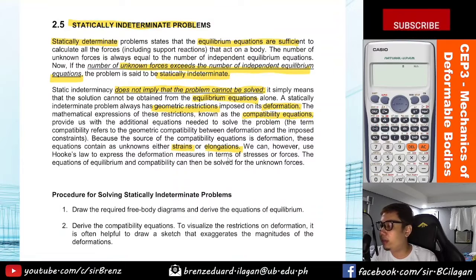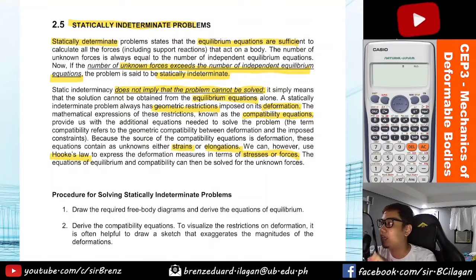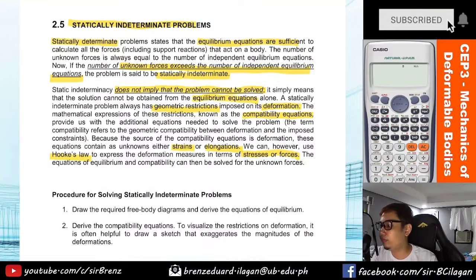We can, however, use Hooke's law to express the deformation measures in terms of stresses or forces. Ayan. So, based do sa Hooke's law nga natin, kasi ang inaaral natin dito is yung under proportional limit lang. Pwede mo ring isingit yung natutunan natin sa module 1, yung concept ng stress, yung force over area. So the equations of equilibrium and compatibility can be solved for the unknown forces.